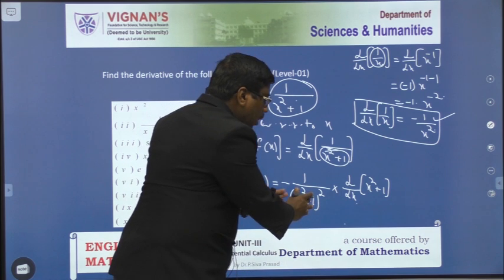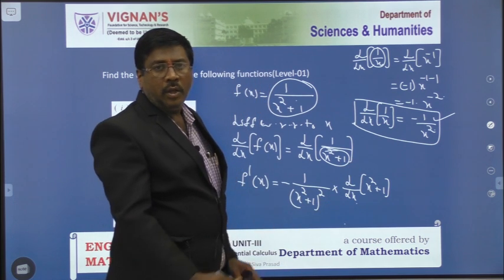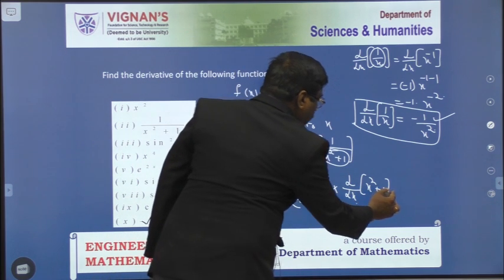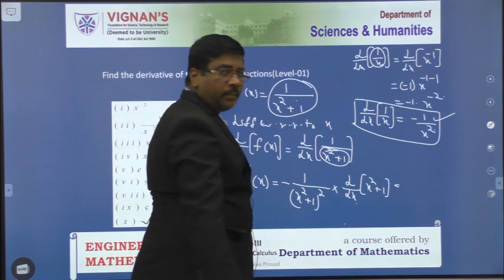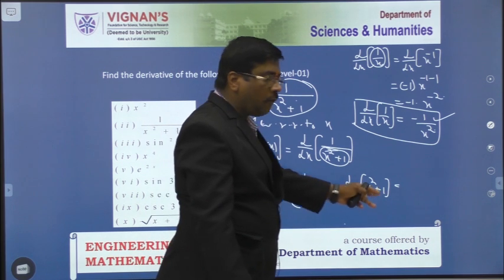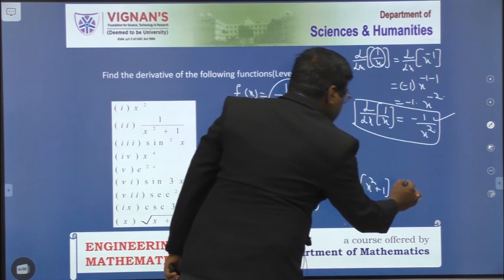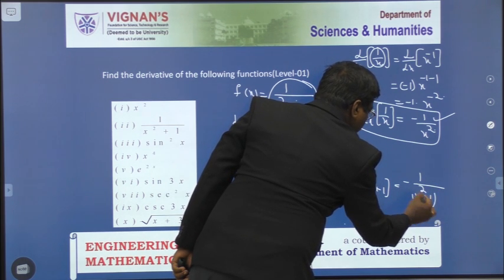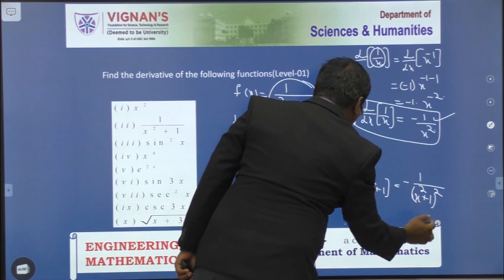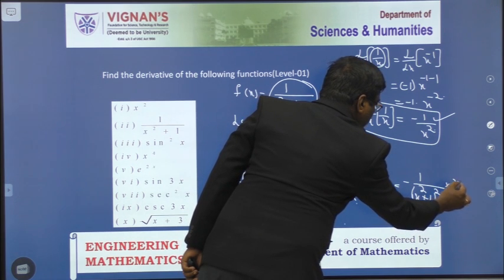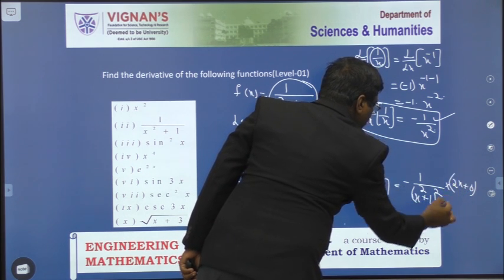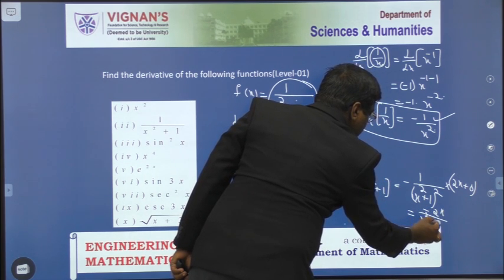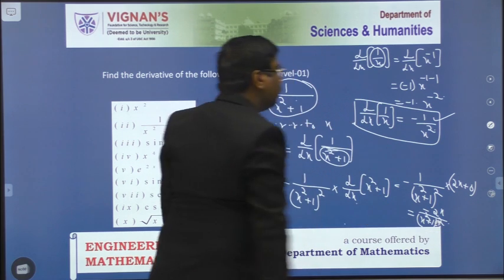So again I have to take the derivative of that internal function. Now, what is the derivative of x square? 2x. What is the derivative of 1? 0. Then this is minus of 1 by x square plus 1 whole square, into 2x plus 0. Then that is equal to minus 2x by x square plus 1 whole square.